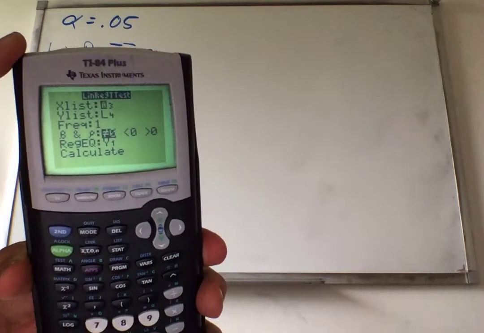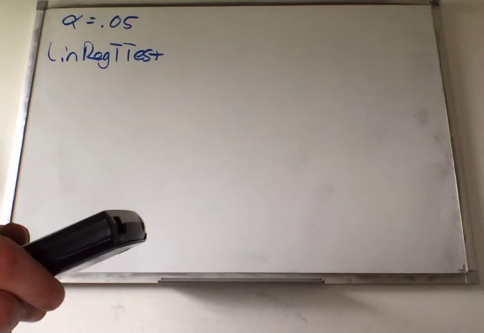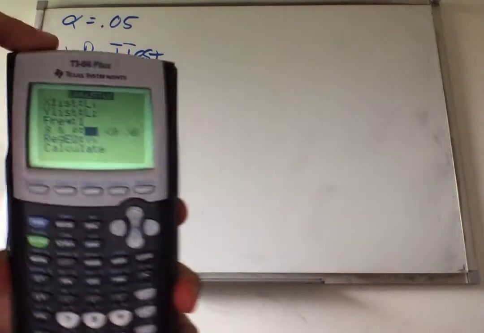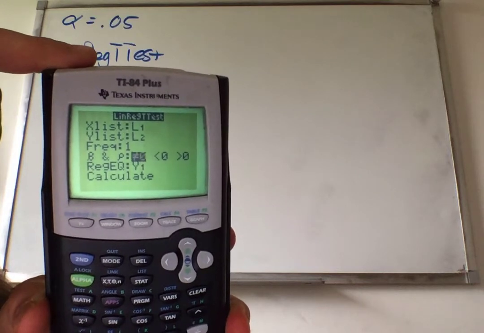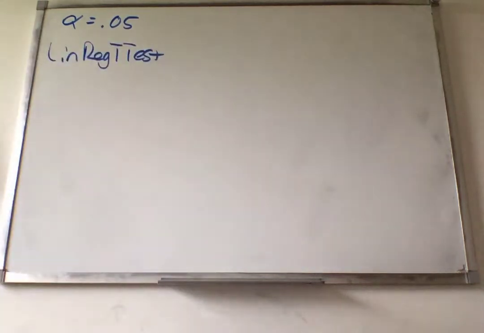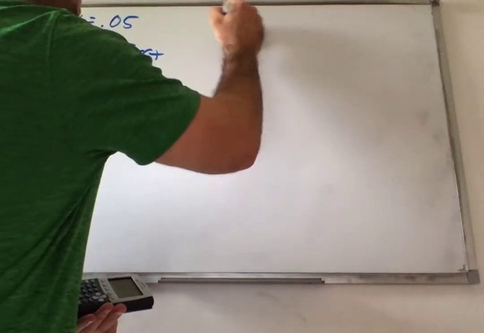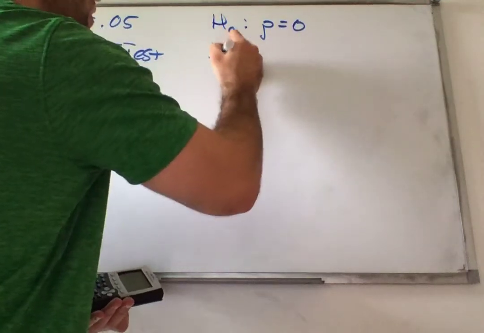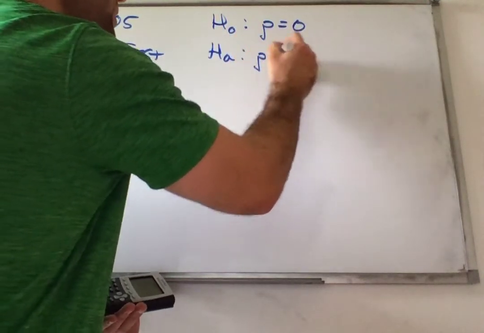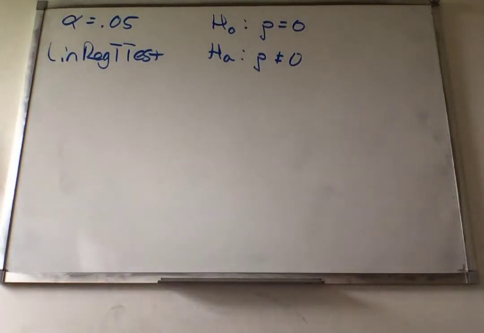I need to change it to list 1 and list 2, and then beta and rho, don't worry about what beta is. We want rho not equal to 0, because in our null hypothesis, it's always rho is equal to 0. Our alternative hypothesis is rho is not equal to 0. That's always going to be the case for these problems.